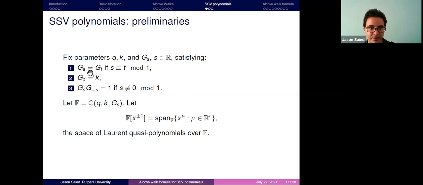So first, we really only determine our parameters modulo 1. And further, if you have an integer, the G0, that's going to be K. So in the integer case, all of these G's are going to go away, and that's how we're going to get Macdonald polynomials. Further, we say that GS and G minus S are inverses, as long as S is not an integer.